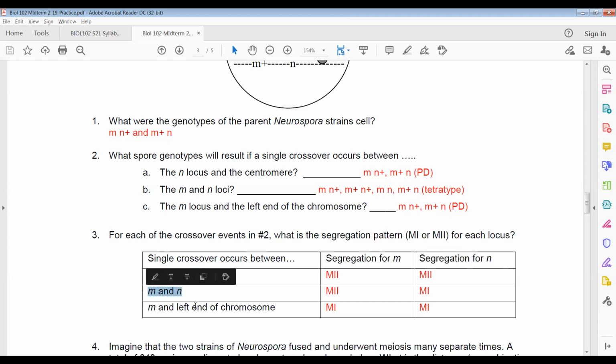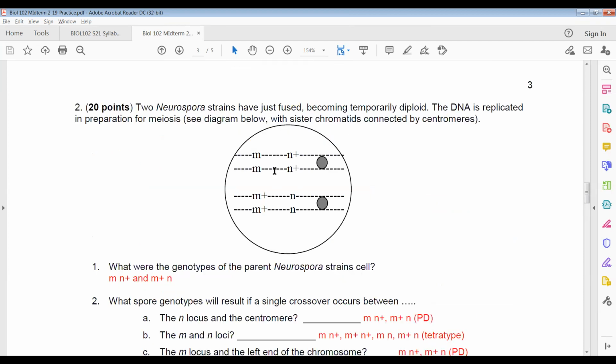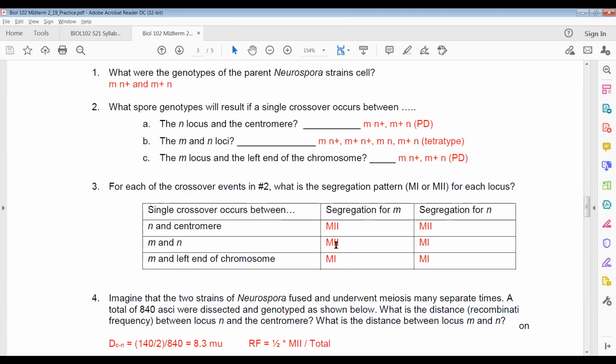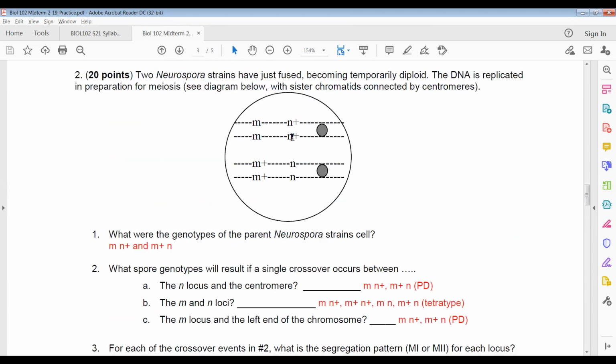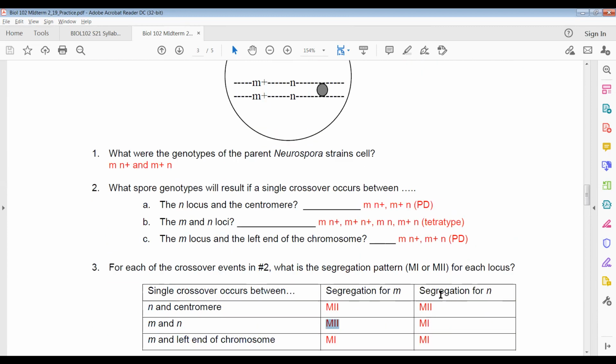However, if there's a crossover occurring between M and N, so here, then this crossover only changes the relationship between M and the centromere, but not N and the centromere. So that's why if you look at M, it is M2 pattern, but when we talk about the relationship between N and the centromere, this is still M1 pattern.